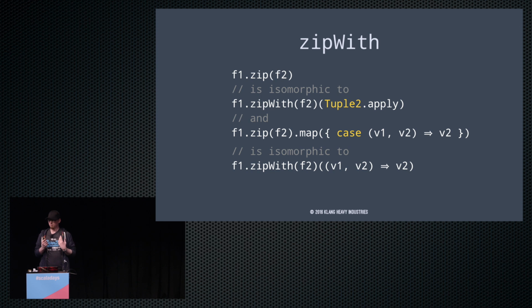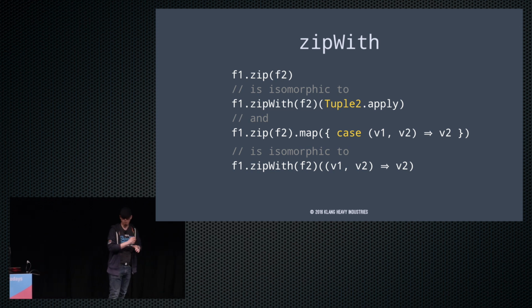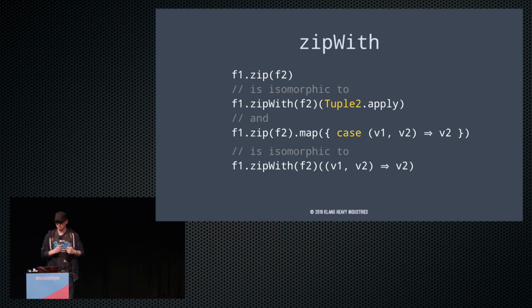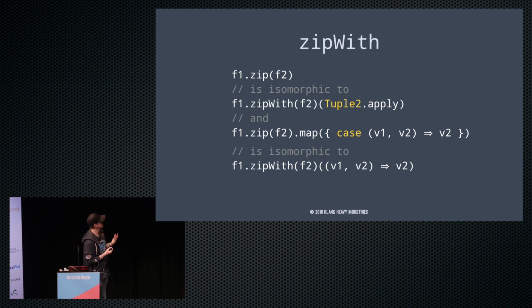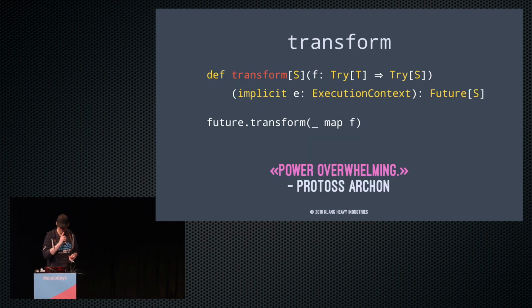So how about zipWith? Take some future, zip it with some other future, and supply it with a function to transform the values. No need to create the intermediate tuple. No need to do this sort of two-step async dance. Seems nice, right? Looks good. Should be nice. And also, as we can see, that zip is actually a special case of zipWith with Tuple2.apply. Cool. All right. So this is one of the most exciting news of the 2.12 futures.